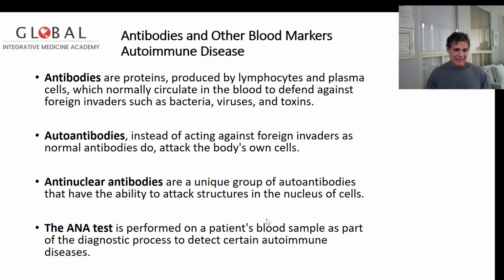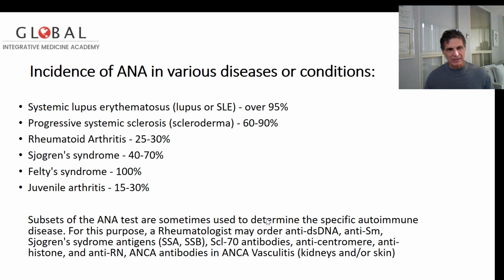And then these anti-nuclear antibodies, you would do this test on the patient's blood sample as part of the diagnosis process to detect certain autoimmune diseases. So you have a screening test for these different autoantibodies and anti-nuclear antibodies to try to arrive at a diagnosis.